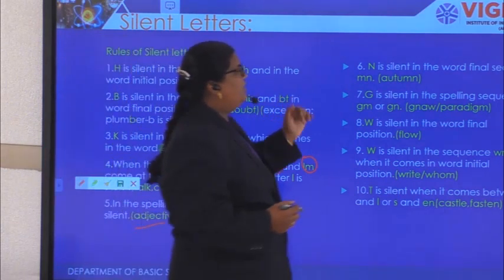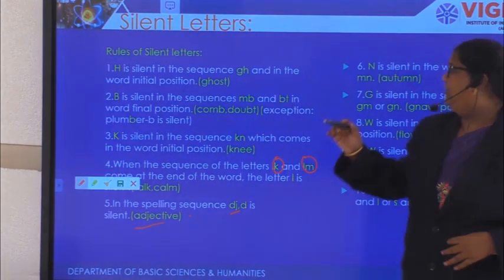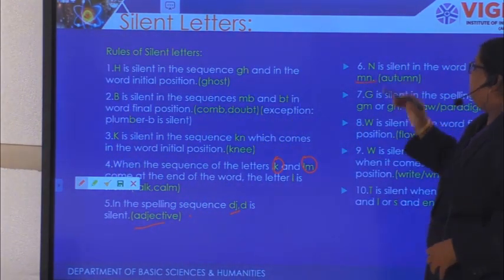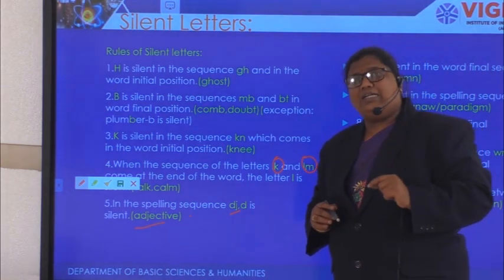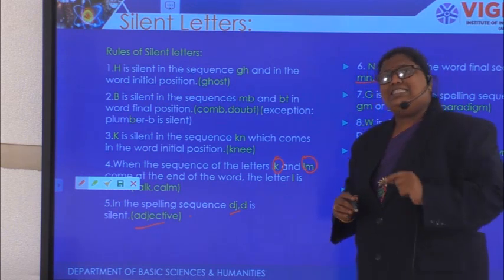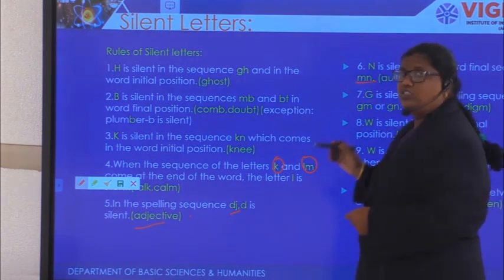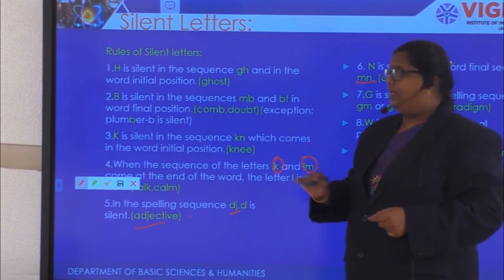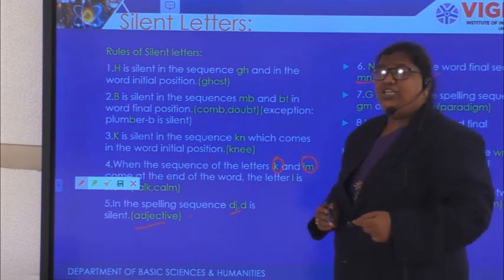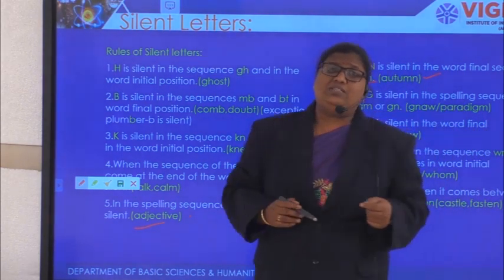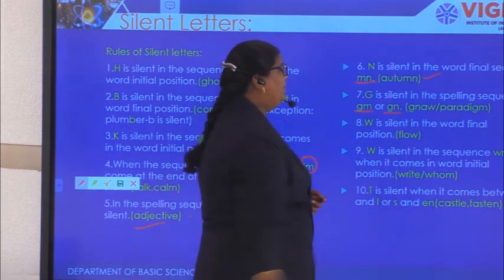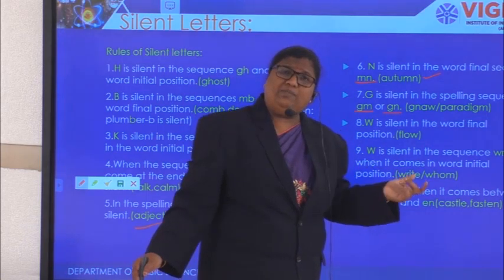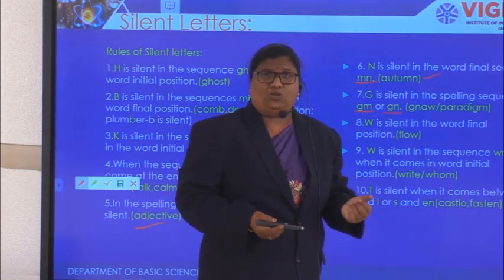And then next, N is silent in the word final sequence MN. If any word ends with MN, automatically N is silent, like autumn. And the next one is, G is silent in the sequence GN or GM in the word initial or word middle position, or maybe word end position also.